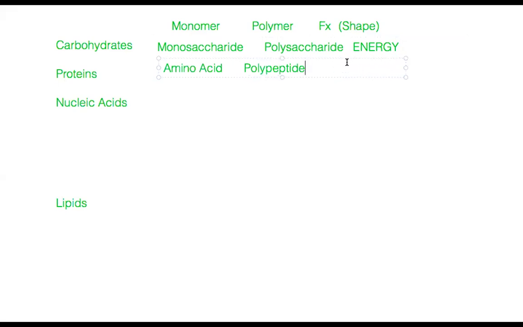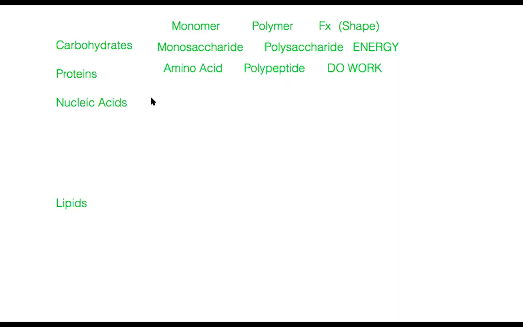And proteins have kind of the hardest function to define, right? Carbohydrates, energy, nucleic acids, we'll get to them. They're the genetic material, right? But proteins, they do a lot of stuff. So I'm just going to write do work. They do the work of the cell, right? They help form channels, they form enzymes, they form receptors, they form structural units. They do a whole bunch of stuff. They do the work of the cell.